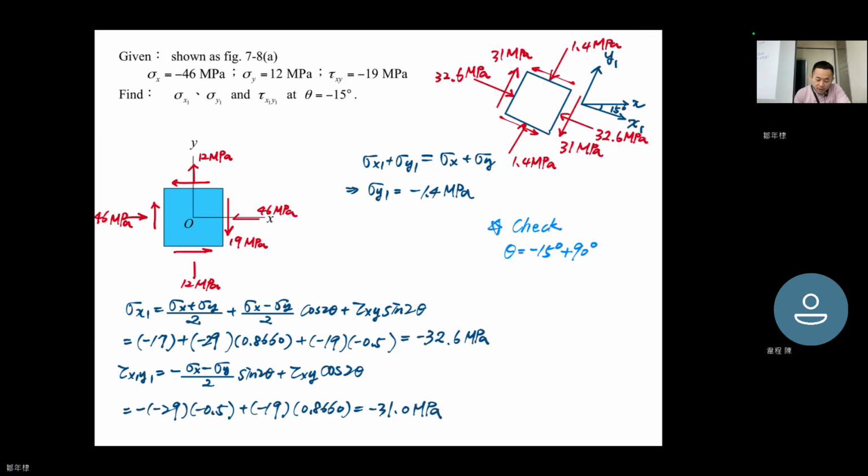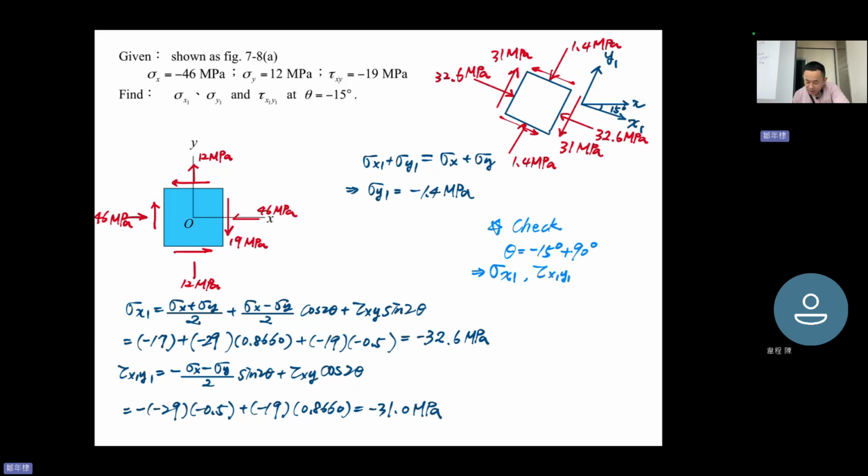Okay, so you will obtain the new sigma x1 and you will get new tau x1 y1.